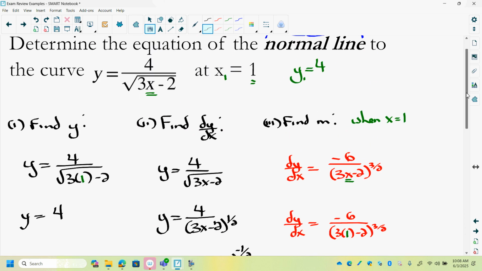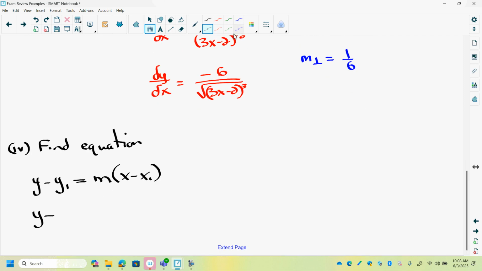A 4. What will I fill in for my m value? Negative 6 or positive 1/6? 1/6. Wicked. And then it would be x minus 1.